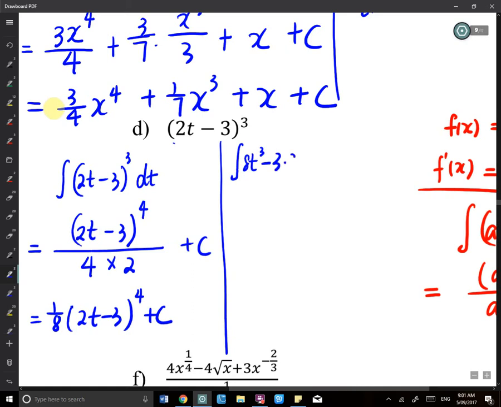Minus 3 times a squared b plus 3ab squared minus b cubed.